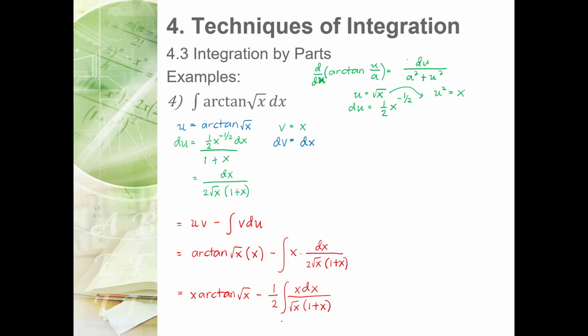So how do we deal with the remaining integral? The remaining integral has a radical expression in the denominator. If we recall the discussion in the previous slide, it states that the remaining integral may be integrated easily, or you may have to use another technique, an advanced technique, to integrate it.